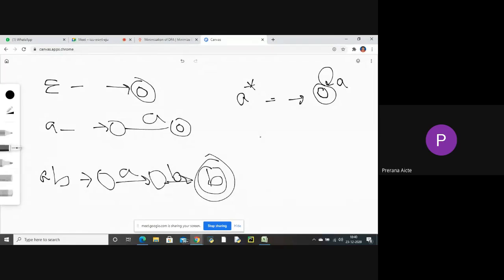If it is A plus, then it is represented by this one. These are the base automata for regular expressions, for A star and A plus.